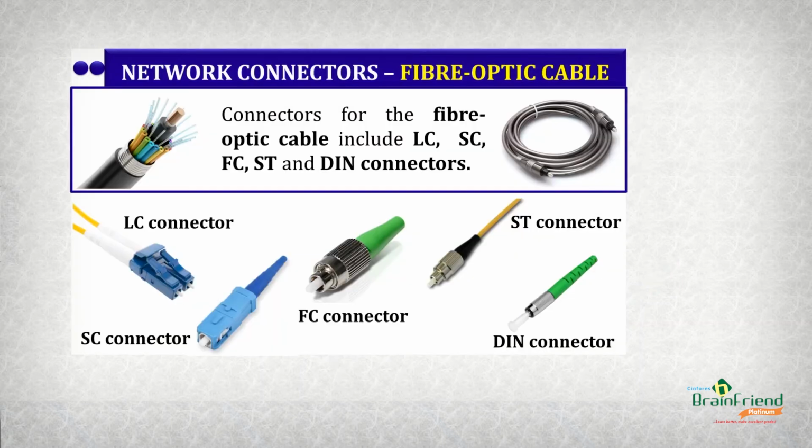And finally, we have the fiber optic cable. Connectors for the fiber optic cable include the LC, SC, FC, ST, and DIN connectors. And so these are typical examples of each of these connectors for the fiber optic cable. And this is what you get when the cable is attached to its connector.